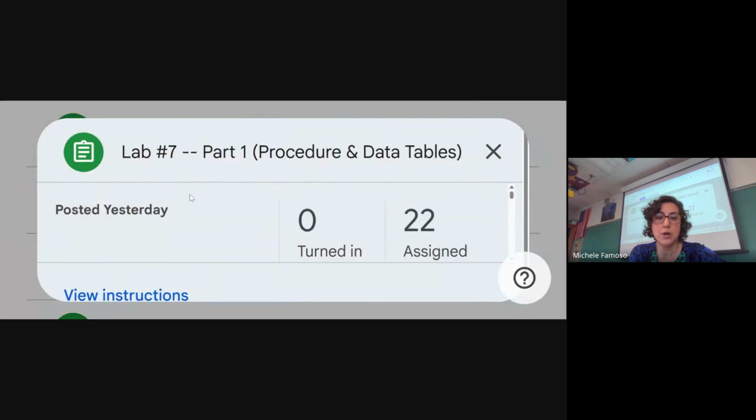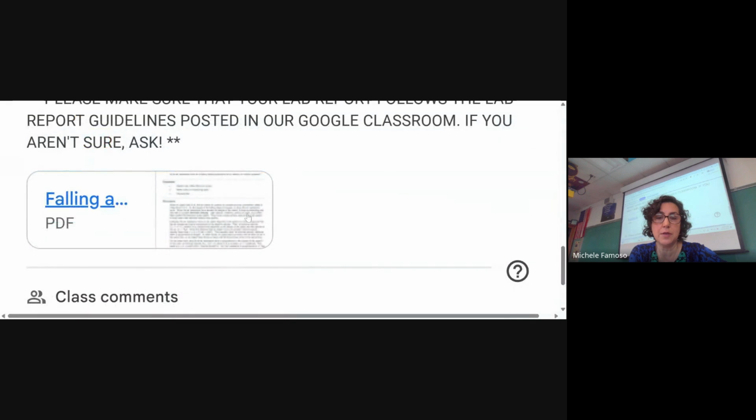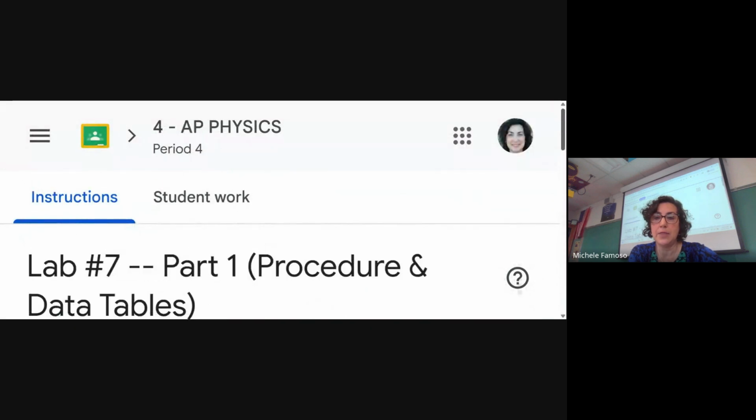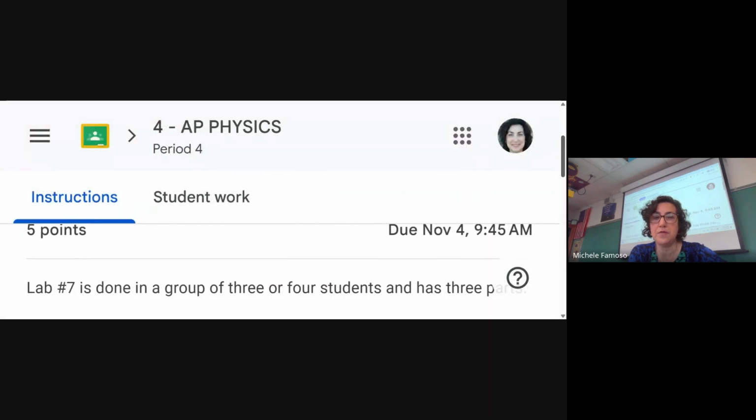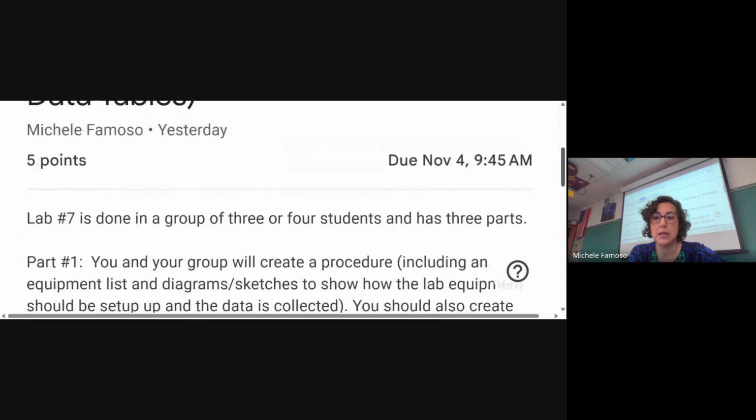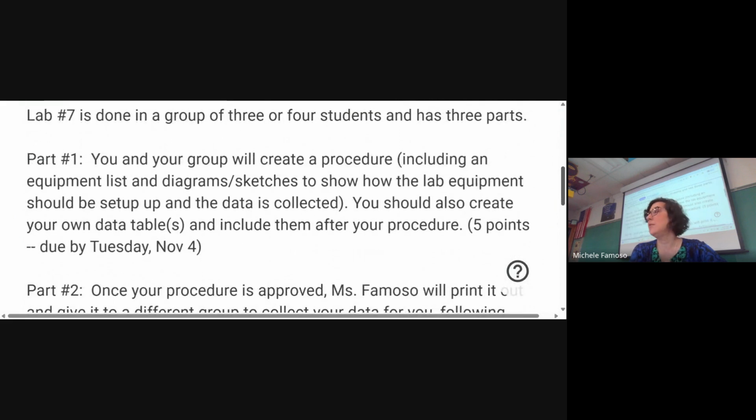So for November 4th, which is Tuesday next week, you have to write your procedure. And then what I will be doing November 4th and 5th is grading that right away, reviewing it to make sure it's acceptable. If it's acceptable, I'll print it out. If it's not, then I will send it back to you, say you have to make some changes.